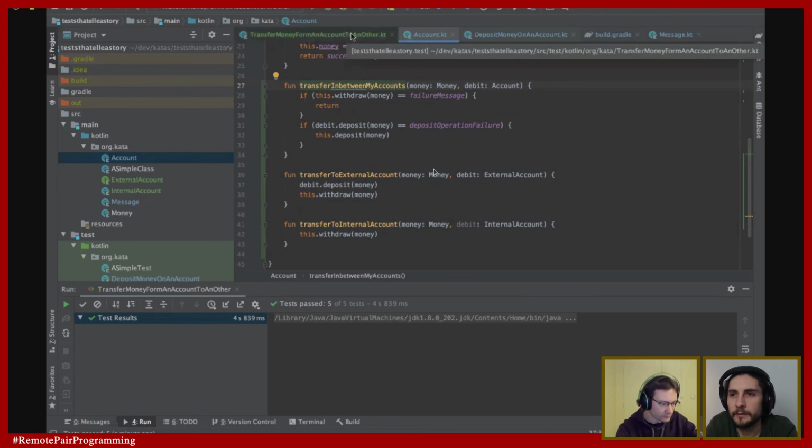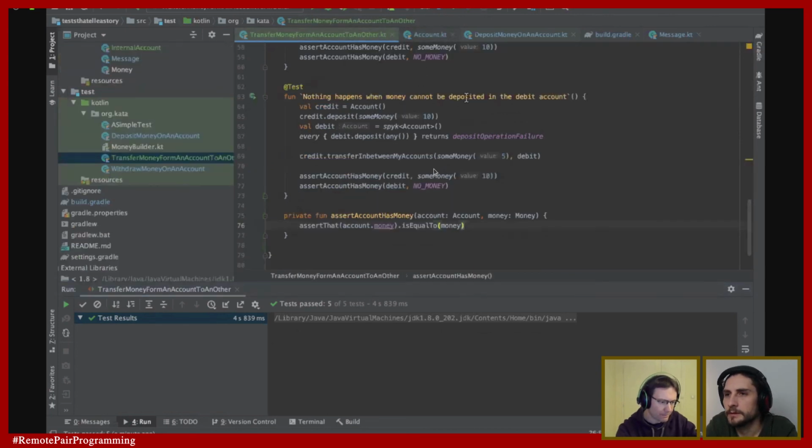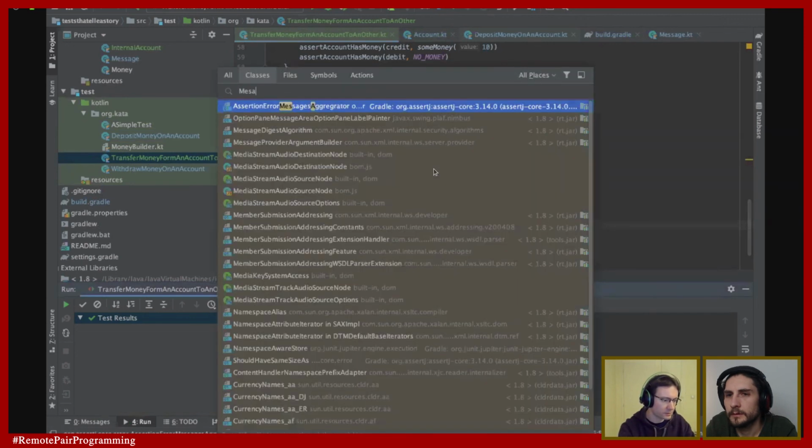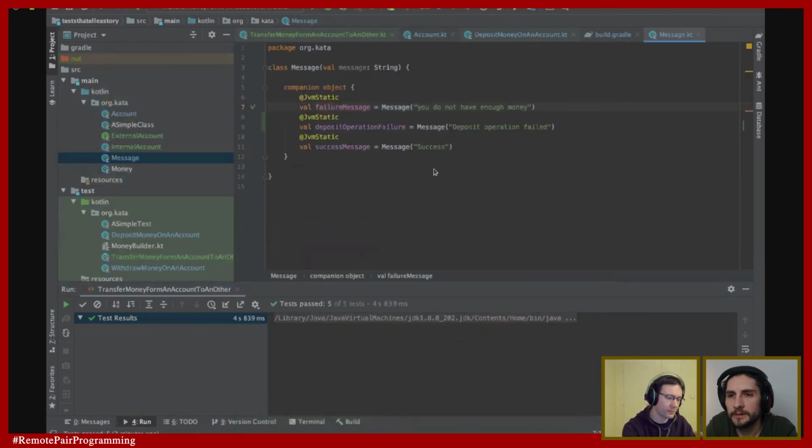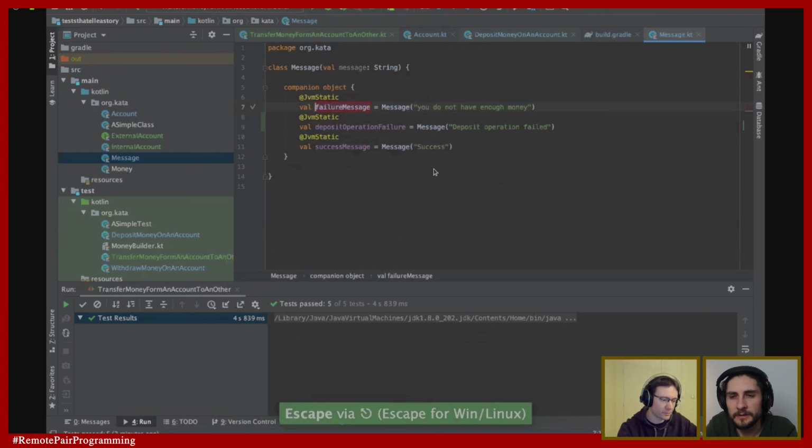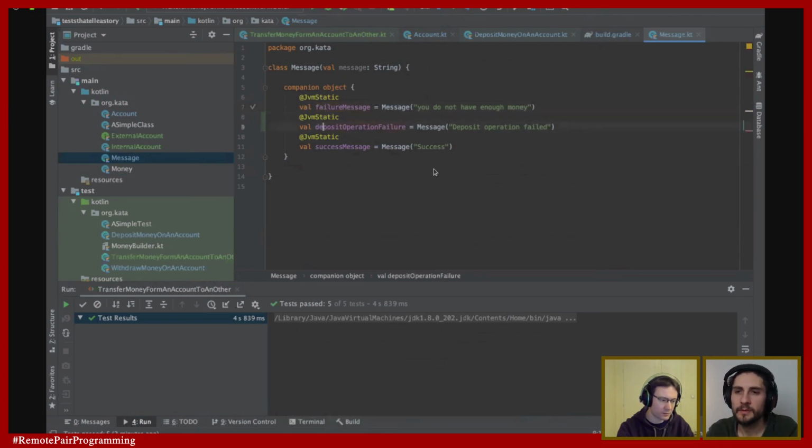Okay, and there was another thing in the message class. Yes, where we have failure message, deposit operation failure, which doesn't have a message at the end, and success message, which has a message at the end. So I would say at line 9 to rename that to add the message. No, there at 9. Because you have deposit operation failure, but all the other ones have a message at the end.